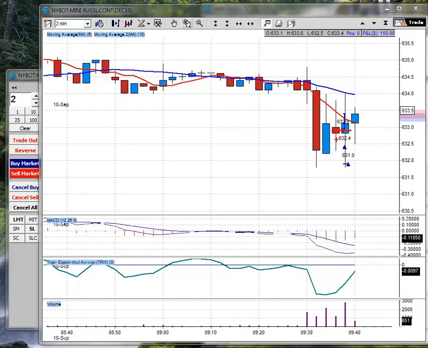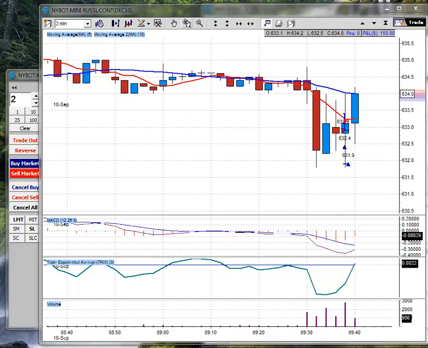It did come back enough to get me in, and then it shot through and at least hit that 5-tick profit target. That's what I want on a slingshot. I was lucky that it gave me 10. Okay, so don't expect to do 10-tick trades on those type of patterns.